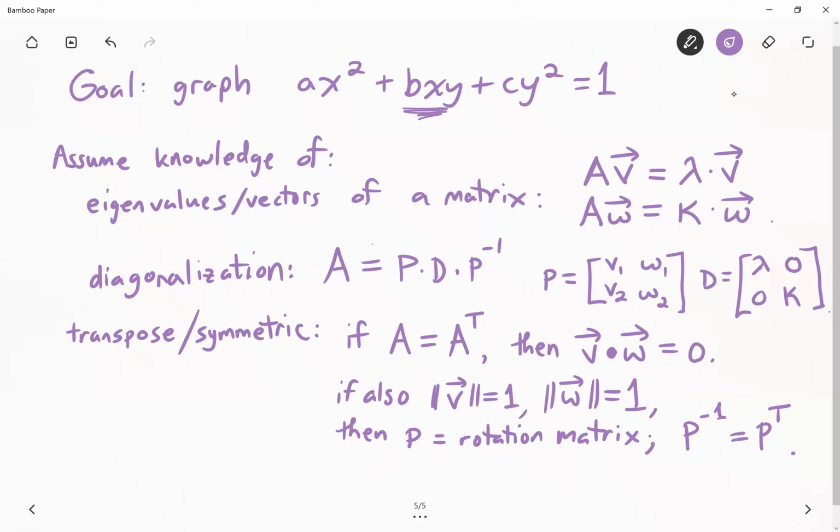And so you might be wondering, how does this tie in to the quadratic functions we were looking at earlier? On one hand, we have a matrix. On the other hand, we have these quadratic functions.